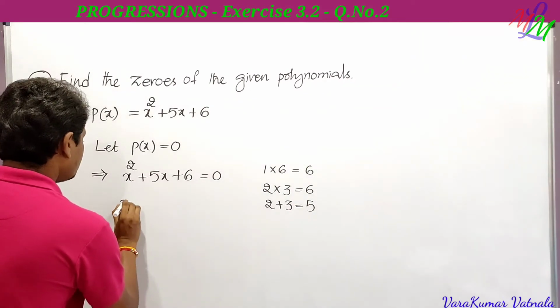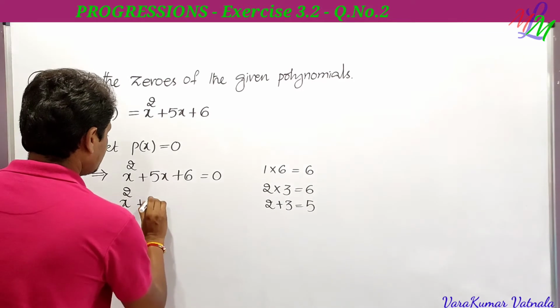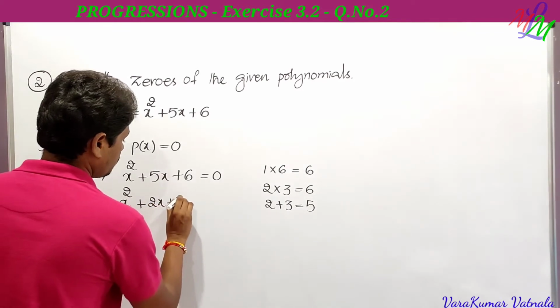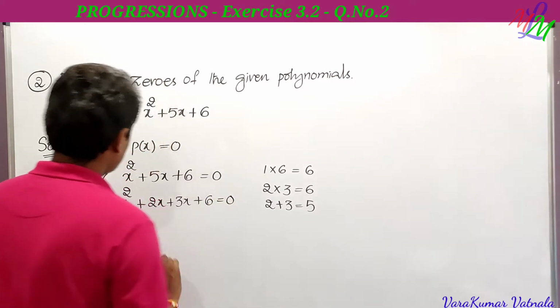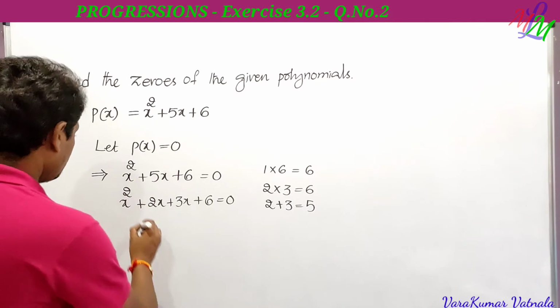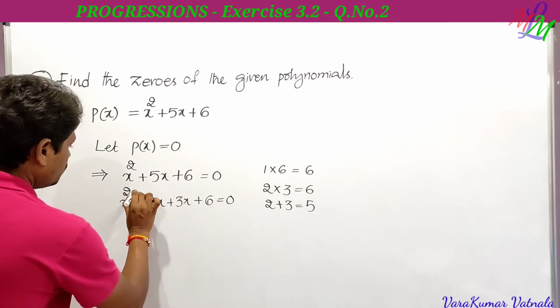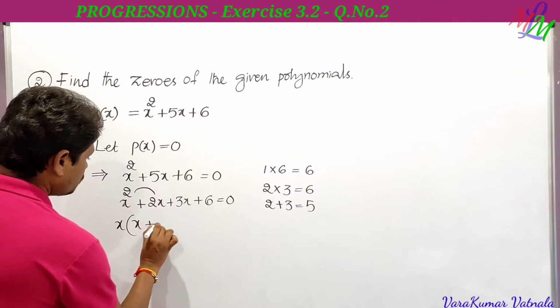We can write x square as x square as usual, but this 5x we write as 2x plus 3x, and write 6 as usual. So this is the factorization by splitting the middle term. In the first two terms take x as common, we get x plus 2.